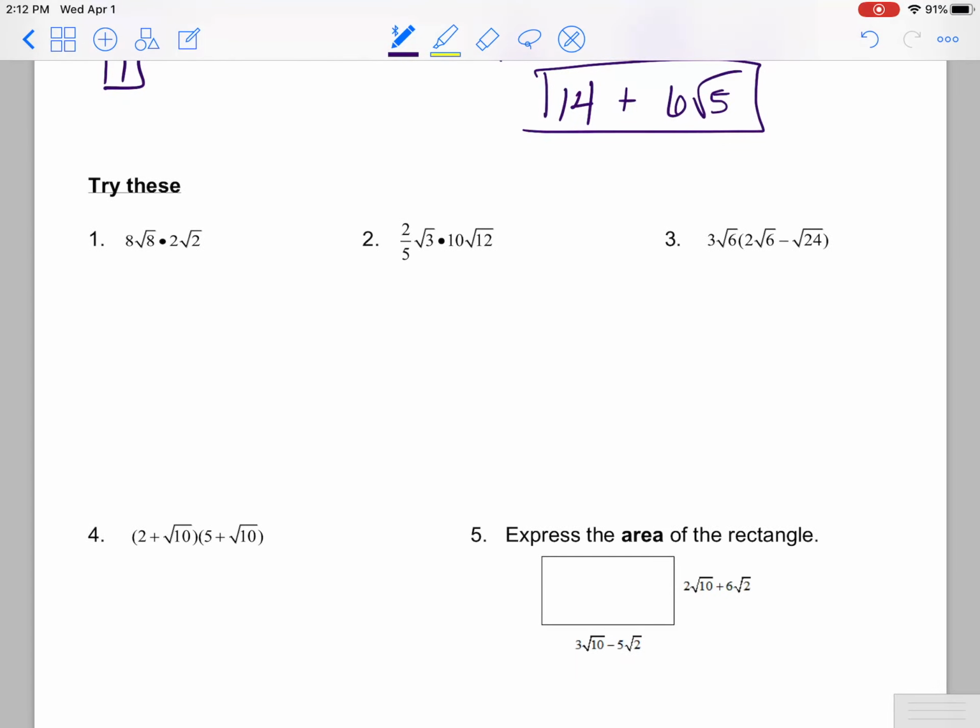If you'd like, here are just some more examples. If you want to try these on your own, I'm going to quickly run through the answers. So if you'd like, pause the video, give these 5 examples a try.